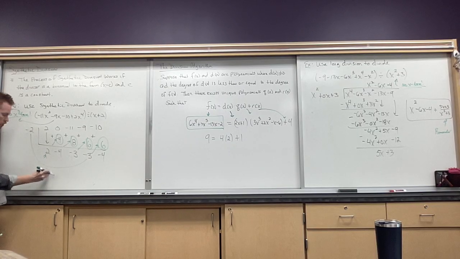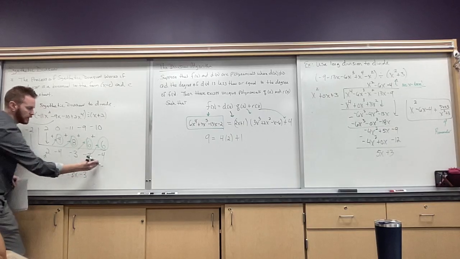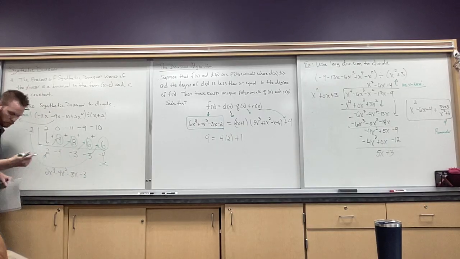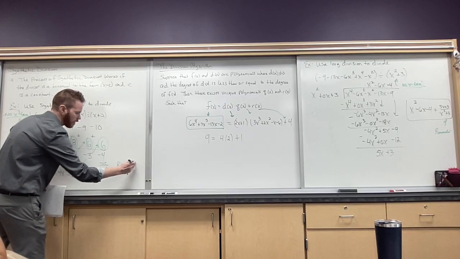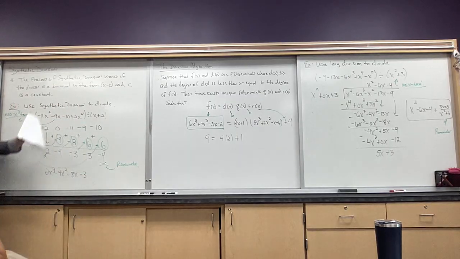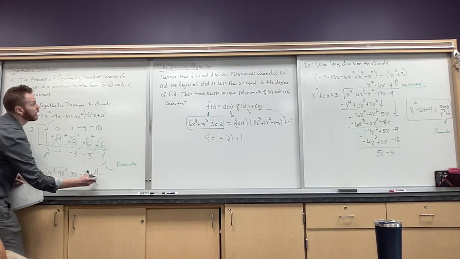So this is going to be 2x cubed. Then you go in decreasing order: minus 4x squared minus 3x minus 3. Now your last number is the remainder. So we're going to write our remainder just like we did over there. So this is going to be plus 4 over, what was it, x plus 2?